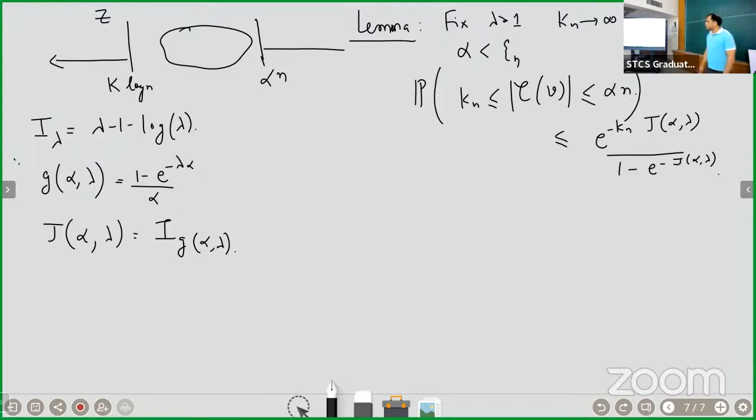The proposition here for gamma is what we are trying to prove. Most of the work we have done was actually to prove this.